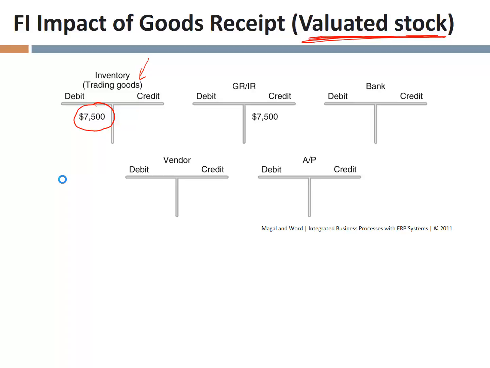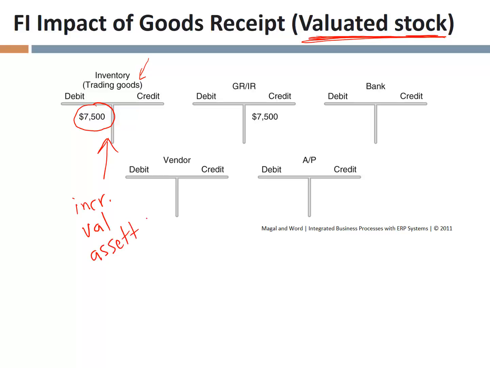The material master will be consulted because this is a stock item. This is a valuated stock item. We track it as an asset. We consult the material master. We find out the valuation class associated with this material. We find out what general ledger account is associated with that particular valuation class, and we debit that account for the value of what it is that we have taken in. So, knowing that that's the debit, and remember the idea here is we are increasing the value of an asset.